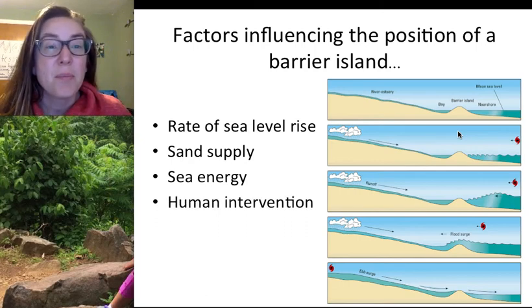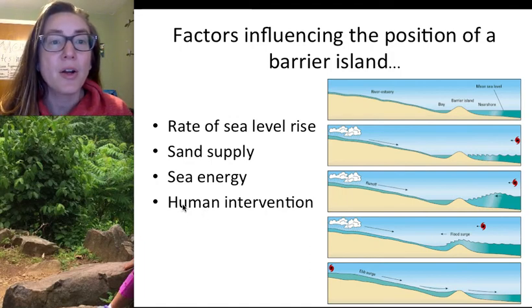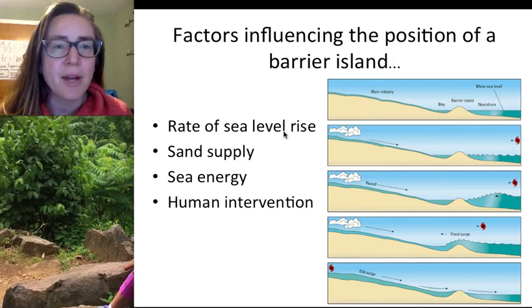And then this one, maybe more so compared to the rest of them, would just be human intervention. What are we doing that's actually going to contribute to all three of these? With our human nature and our overuse of things, we are definitely contributing to a much more rapid sea level rise.